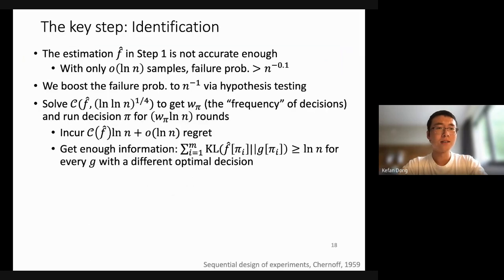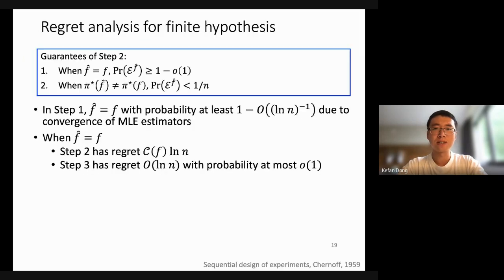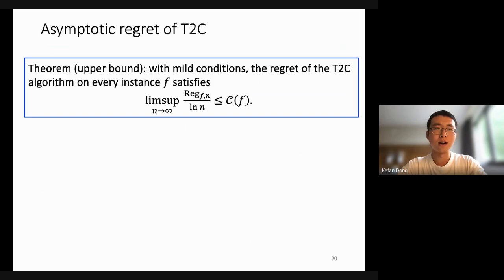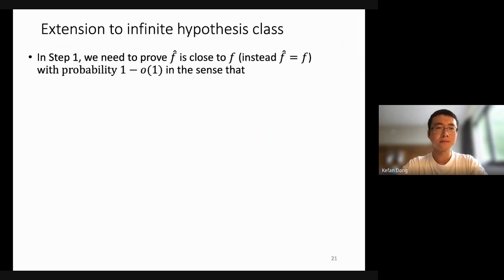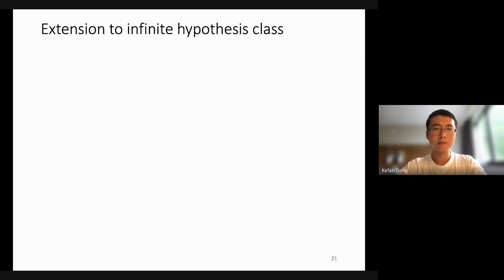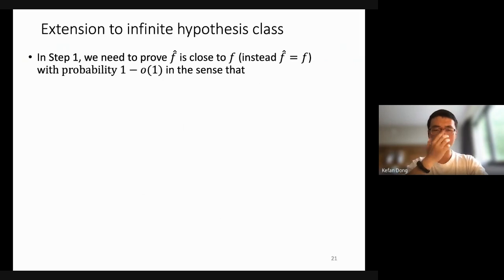Okay. Now let me briefly talk about how to extend to the infinite hypothesis setting. There are 2 differences. We need to change the analysis for step 1 and step 2.